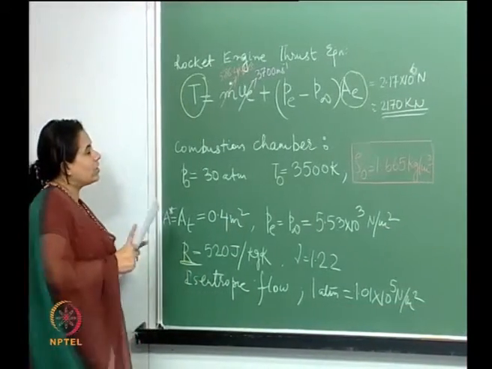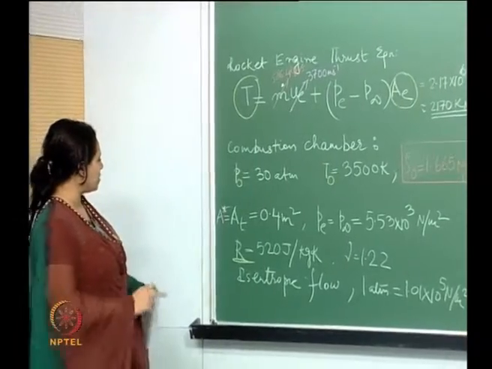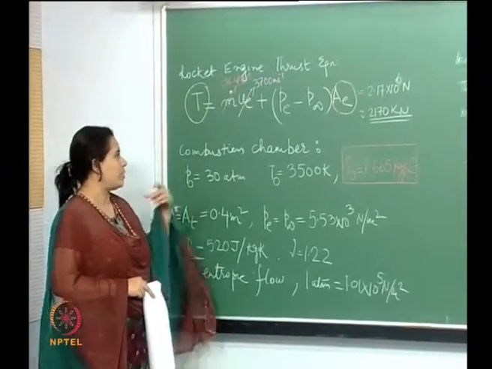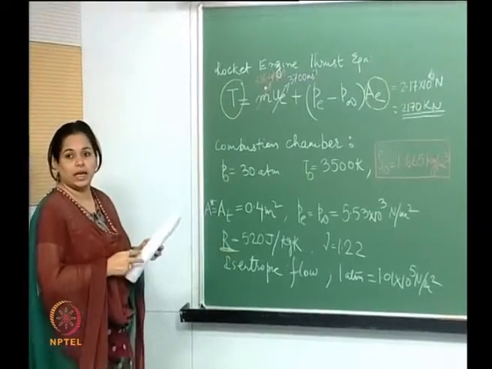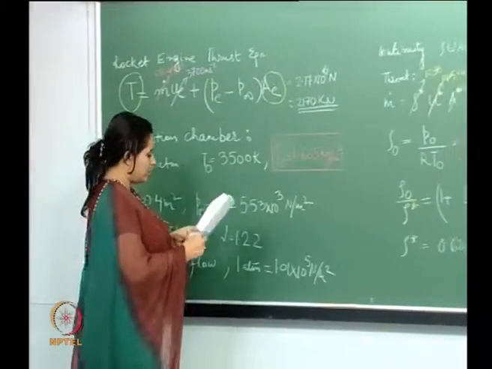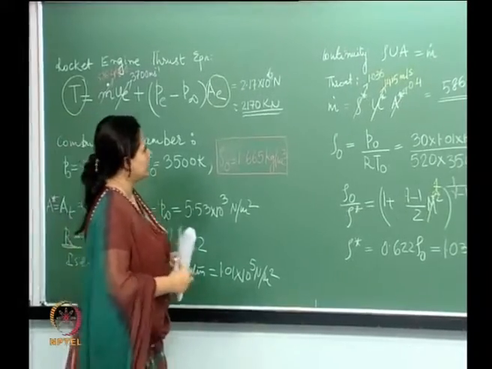Okay, so now let us look at what would be the area at the throat, which is 0.4 meters squared. Now what is the area at the exit? Okay, so let's go and see how we will do that.